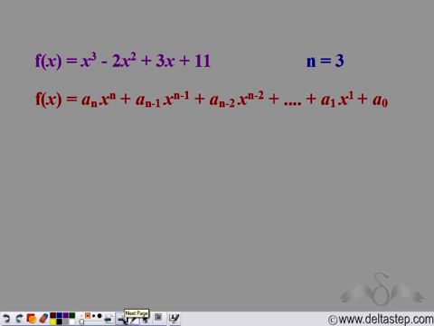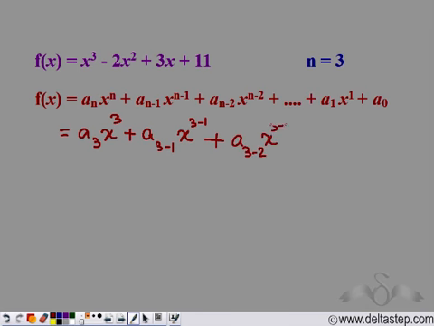This is the general form which we had seen. We substitute n is equal to 3 in the general form. So we can write it as a3 x cube plus a 3 minus 1 x to the power 3 minus 1 plus a 3 minus 2 x to the power 3 minus 2 plus a 3 minus 3 x to the power 3 minus 3.